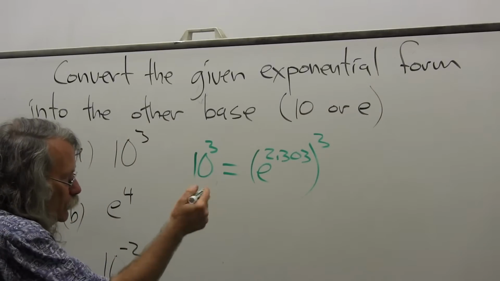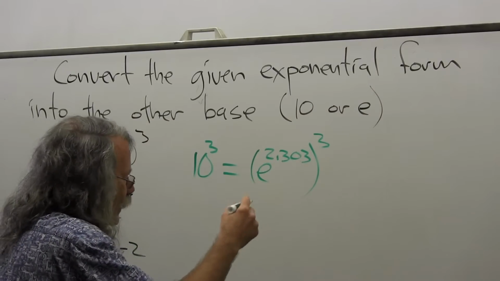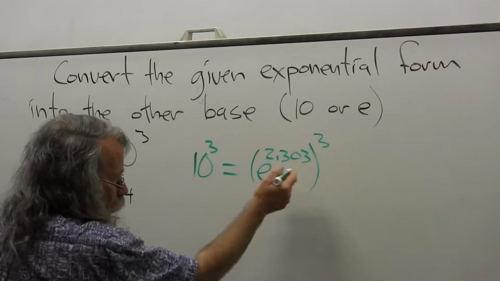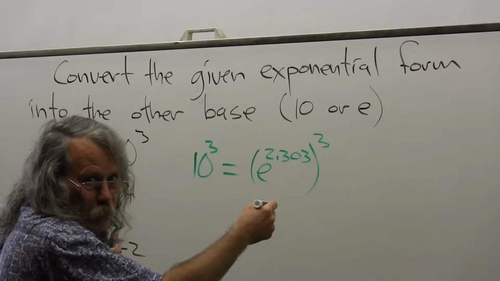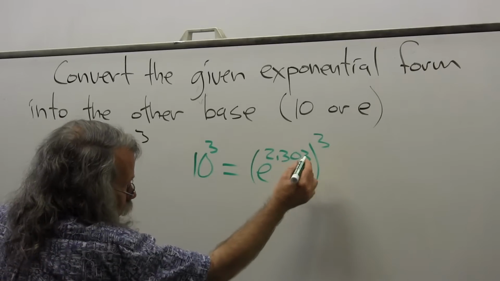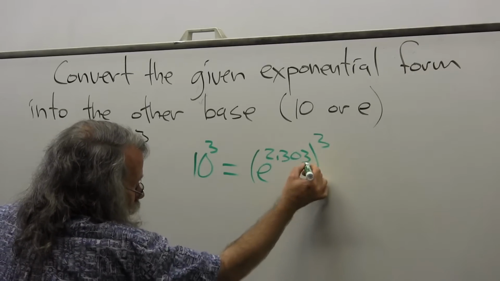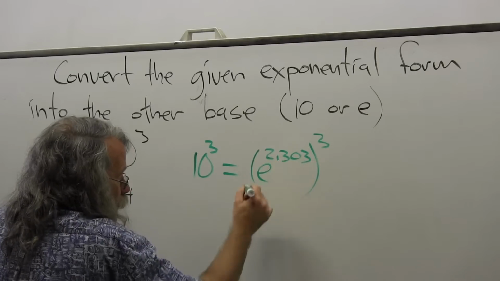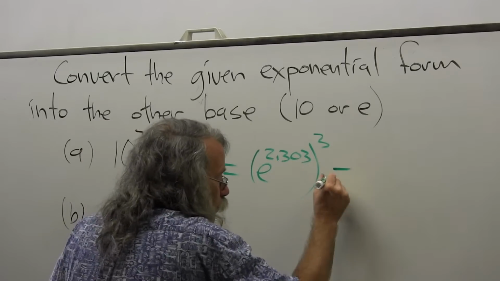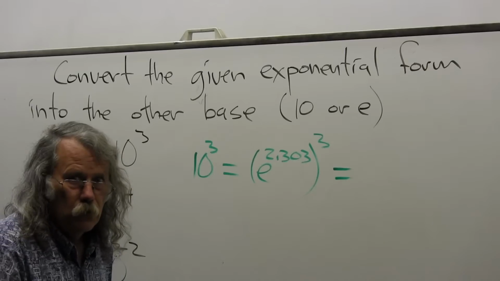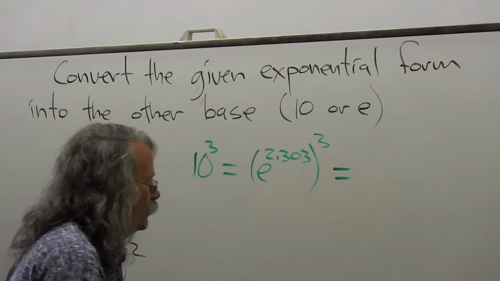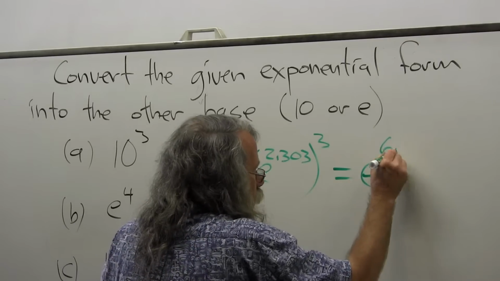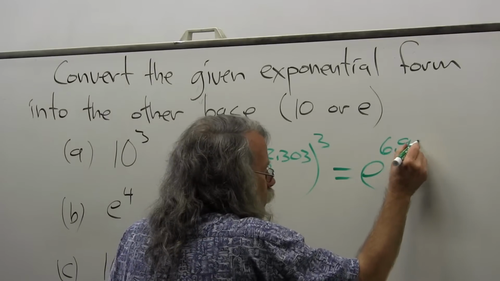So now all I have to do is multiply through, and you may need to, on a test, you would do this part, the next part you might do on scratch paper, or you could do this one in your head. Well, 3 times 3 is 9, that's again 9, and 3 times 2 is 6. So I think we can do this one without scratch paper. You can almost do this one in your head. That's equal to e to the 6.90.